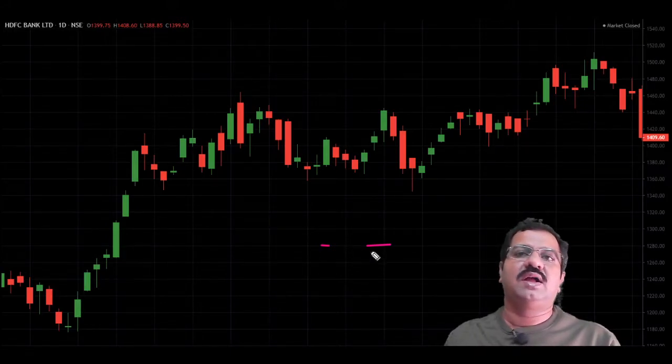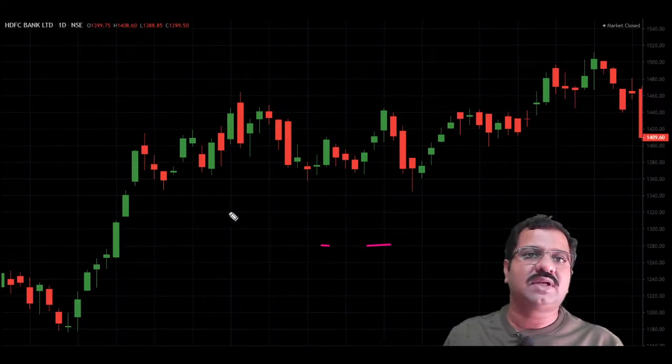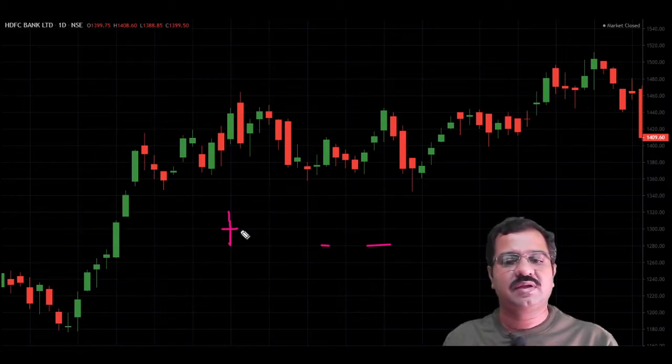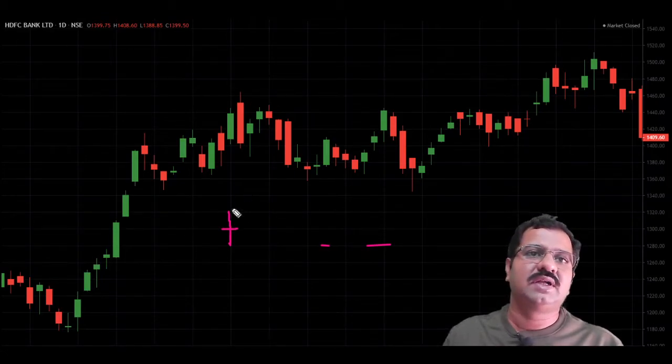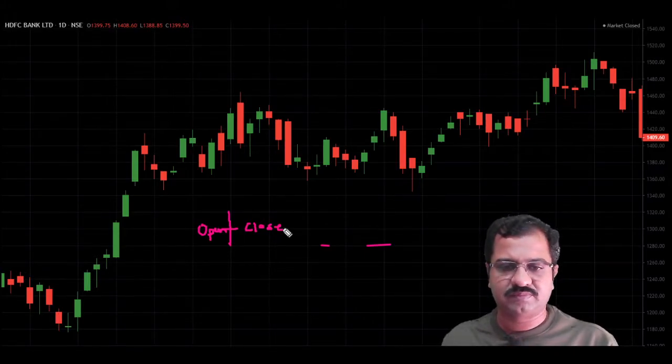How will this candle look? This candle will look like this. It means its open is equal to close, or it will be nearly equal to close.